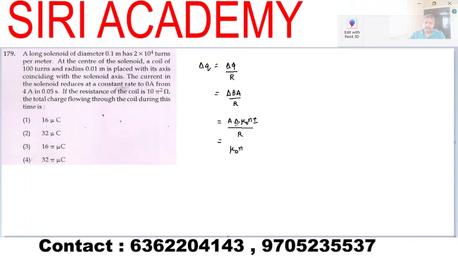So mu naught N A is given by pi r square into change in current by R. So here the radius is 0.01 meter through which the flux is changing, and current i in the solenoid reduces from 4 to 0, and the resistance of the coil is 10 pi square. Substituting the values we get 32 microcoulomb. So that is the option.